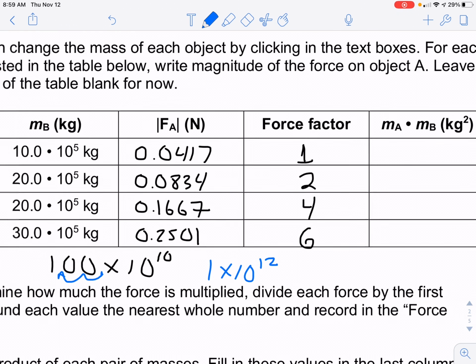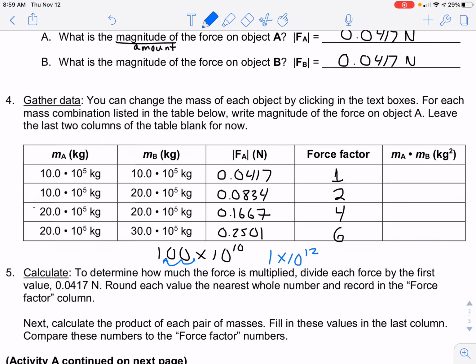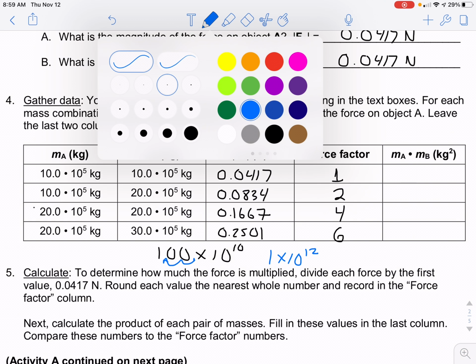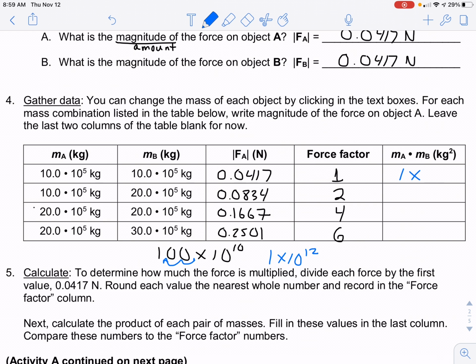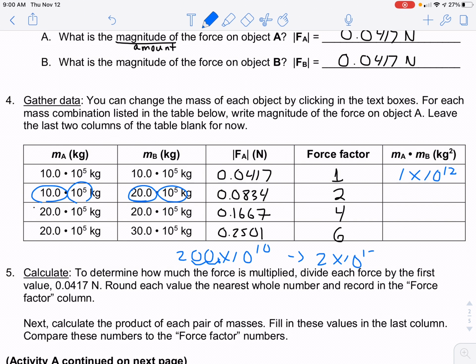We're going to write all of them as 10 to the 12. I'm going to show you the first two, and hopefully you'll see the pattern. 1 times 10 to the 12. In the second trial, you're going 10 times 20, which is 200 times 10 to the 10, but you have to move the decimal 2 places back, and we get 2 times 10 to the 12.